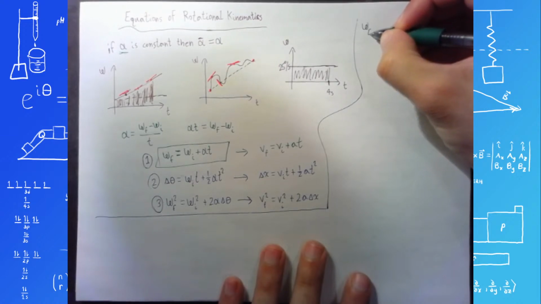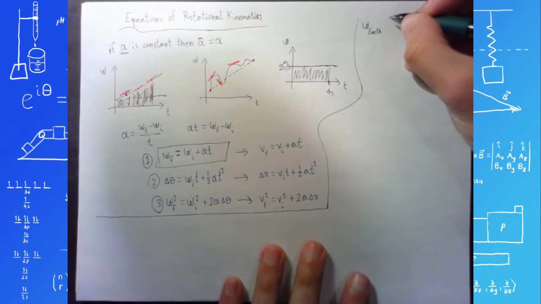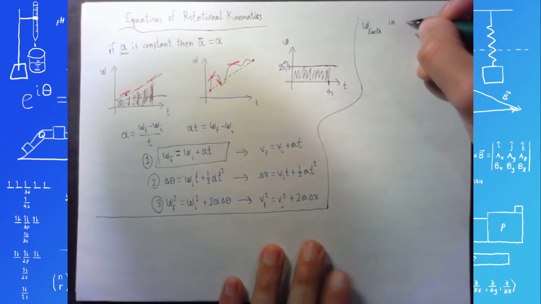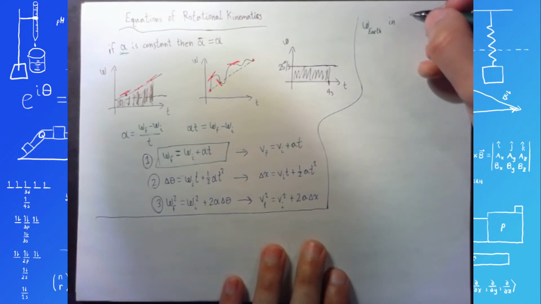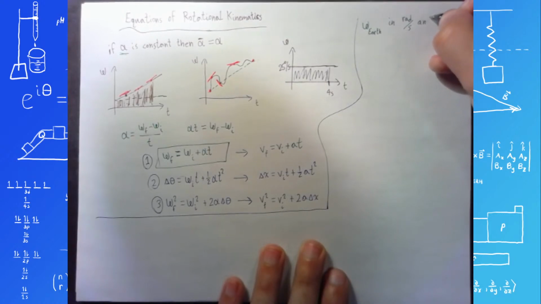Omega of Earth around the Sun in radians per second and degrees per day.